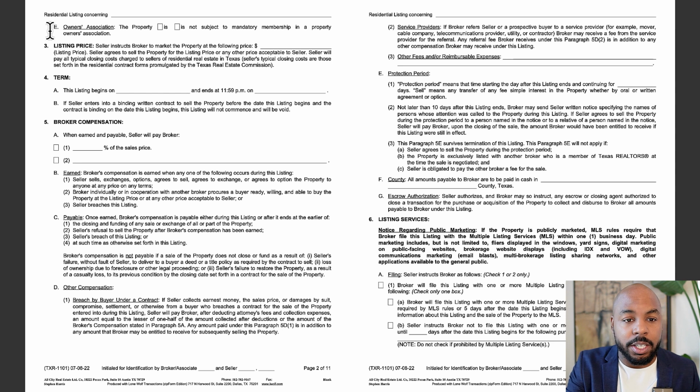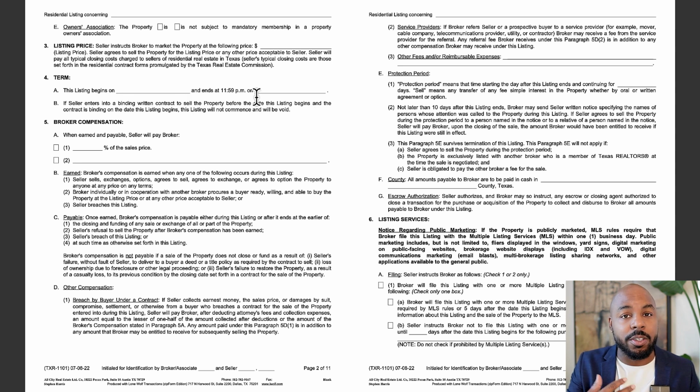This section E here, it talks about if your property is a part of any HOA, homeowners association, and so we'll check if it is or if it isn't. This is going to be the price that we agree to, and we can always change that later if we need to, but this is going to be the price that we start at. Number 4 talks about the term, when it begins and when it ends.